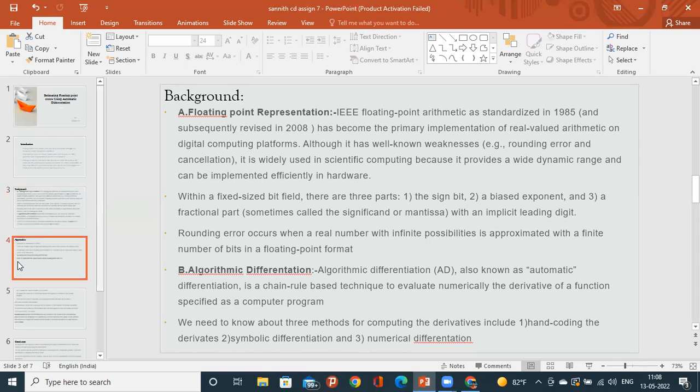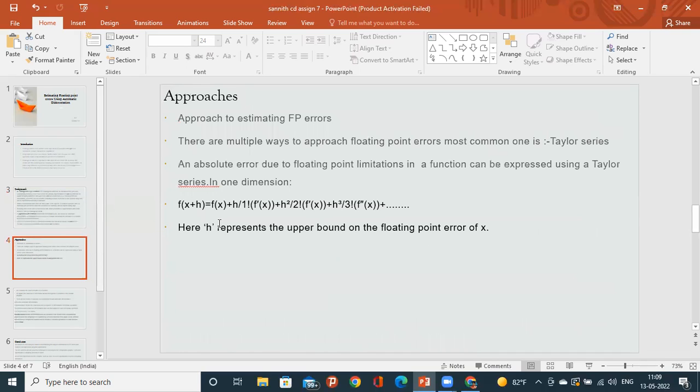Now, if we get on to our approach to estimating FP errors, there are multiple ways to approach floating point errors. The most common one is the Taylor series. Given is an expression where h represents the upper bound on the floating point error of x.